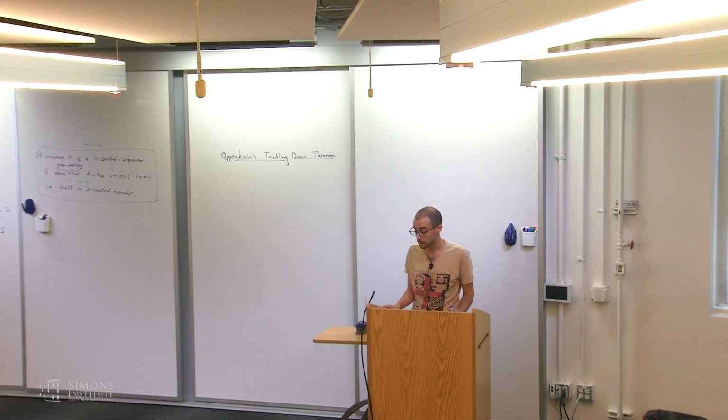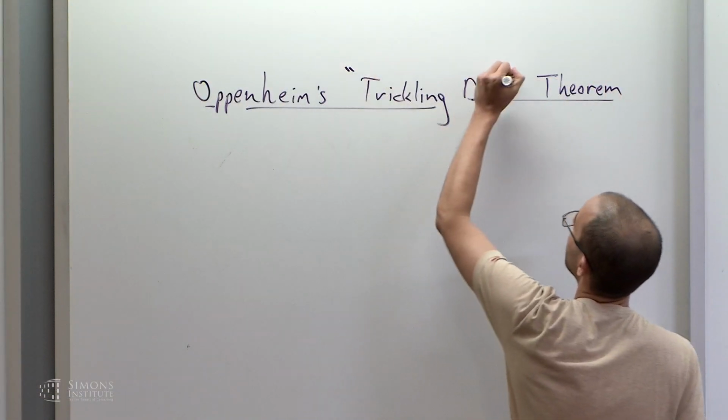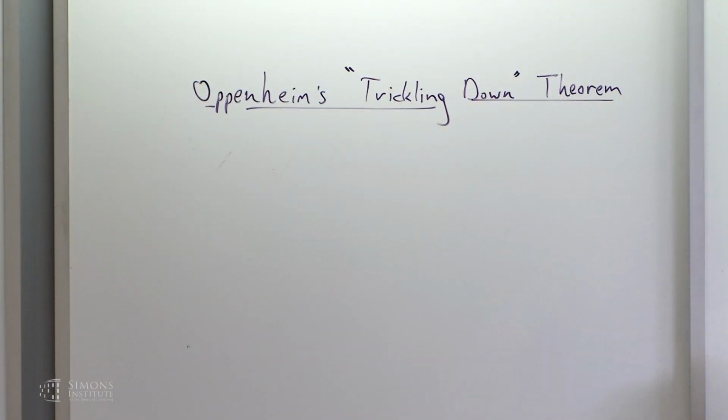So I'm going to continue with Irit's talk about high-dimensional expanders and all the spectral treatment of these objects. And in this hour, we're going to focus on a theorem by Izhar Oppenheim, who's also sitting here, which we like to call the trickling down theorem. I'll state the theorem again in a second, even though Irit stated it in the last hour.